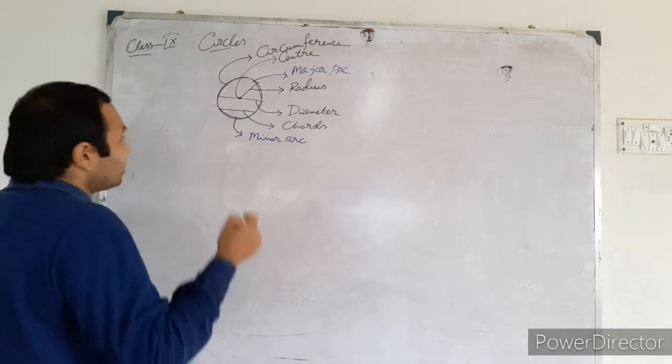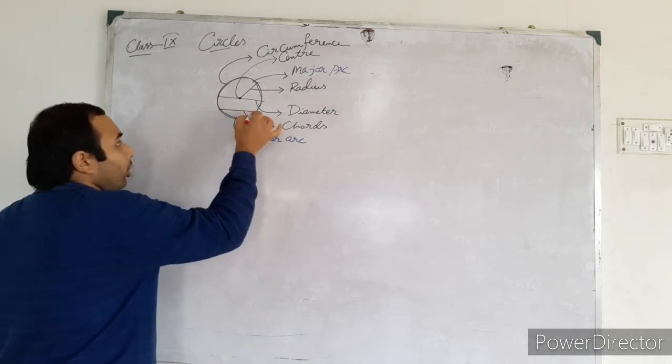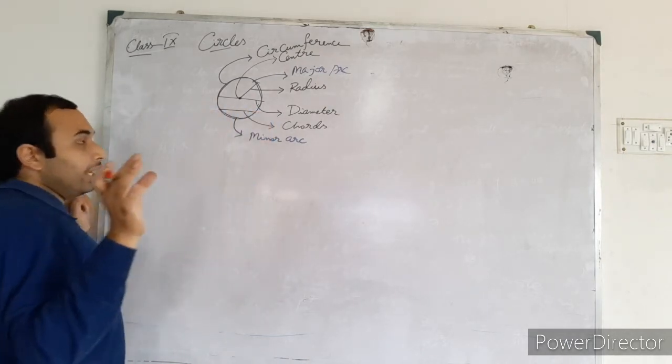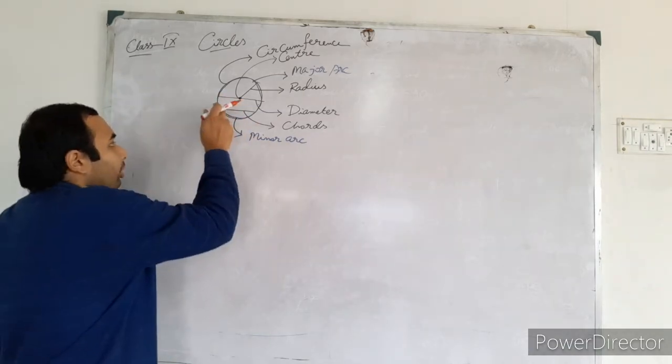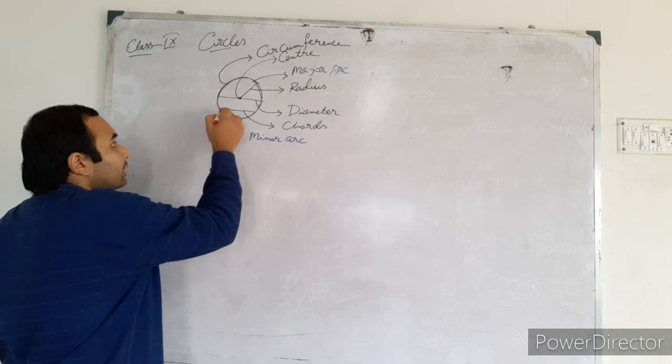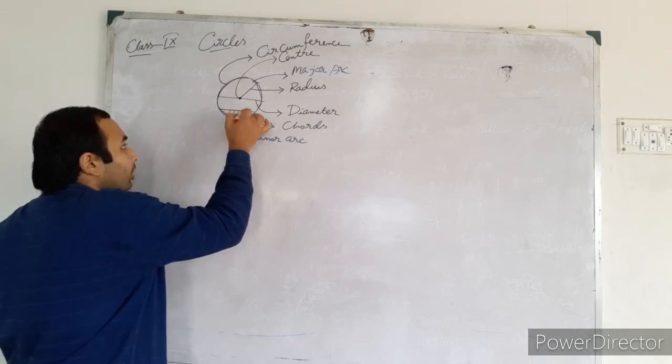Segments means the area of the region of the circle made by one chord and the circumference, that is this area.